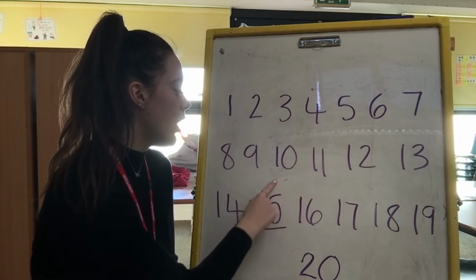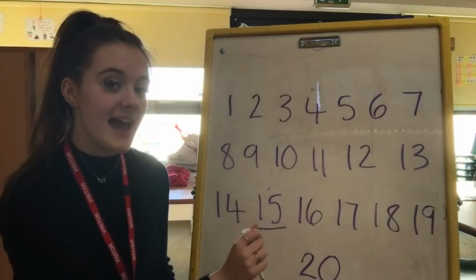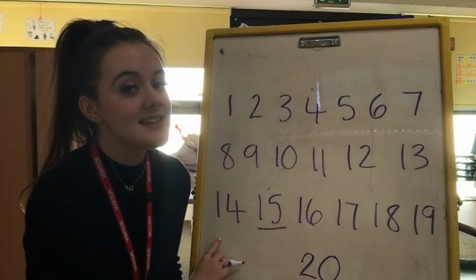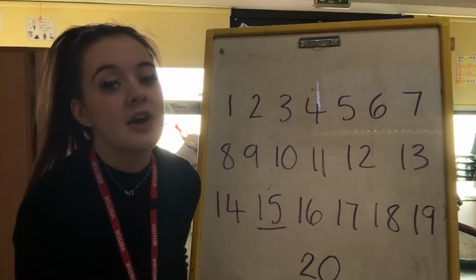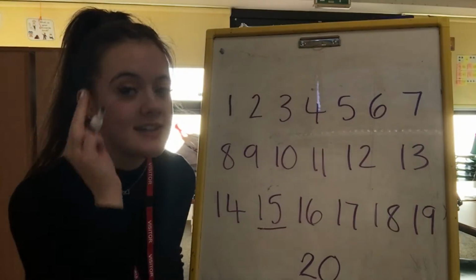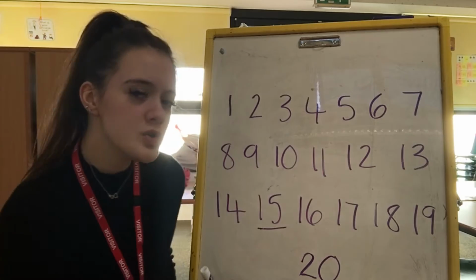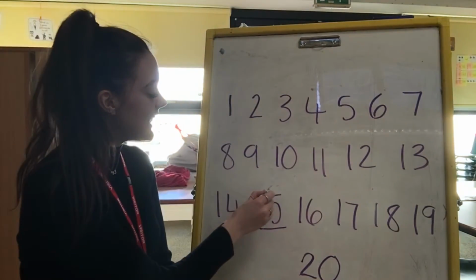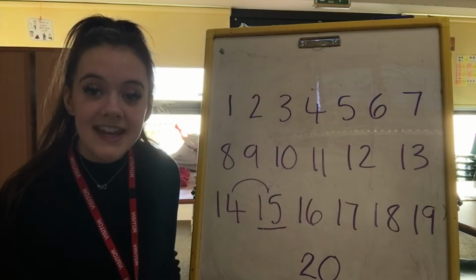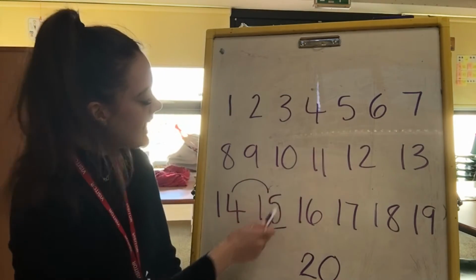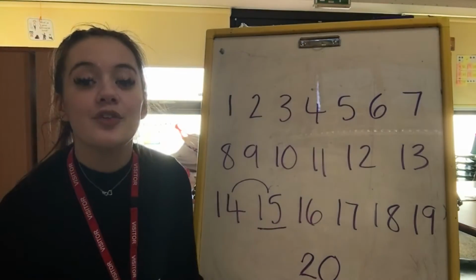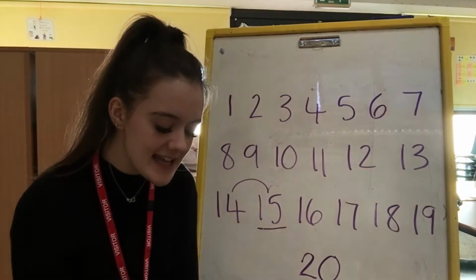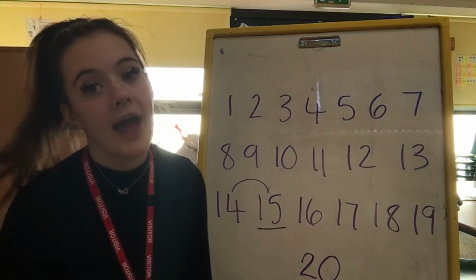Okay. What about if I said, what's one less than 15? You tell your adult and you have a think in your head. One less is 14. Well done. One less than 15 is 14. Amazing. Super duper work.